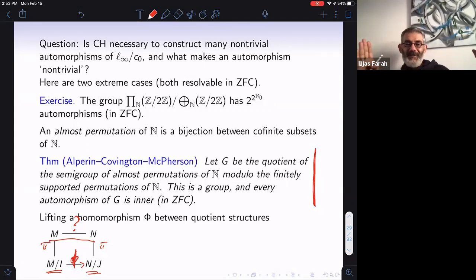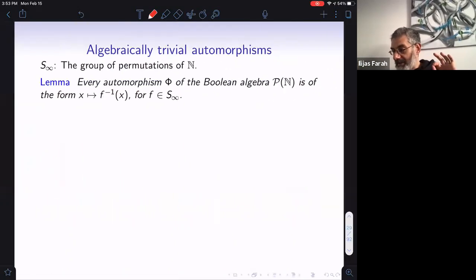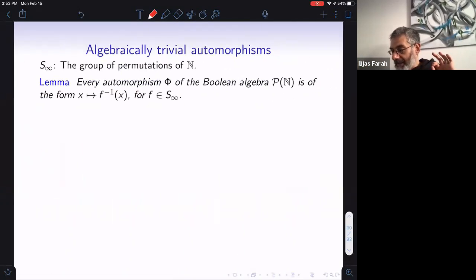You cannot, if you have an isomorphism which corresponds to a shift, lift it to an isomorphism, but you can lift it to something that is close enough to an isomorphism. So let's see what happens with C*-algebras. And this is what I call algebraically trivial automorphisms.